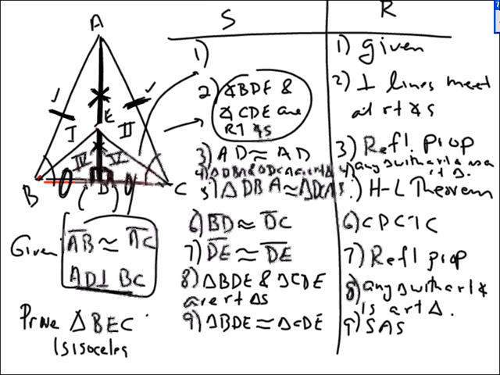They're right angles. Okay. Therefore, the two base angles, this angle here and this angle here, angle DBE and angle DCE are equal. And the reason is corresponding parts of congruent triangles are congruent.